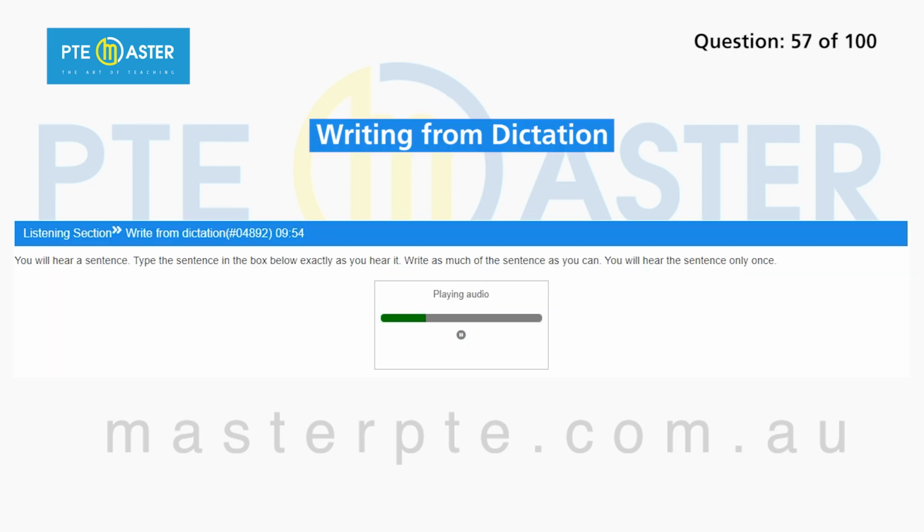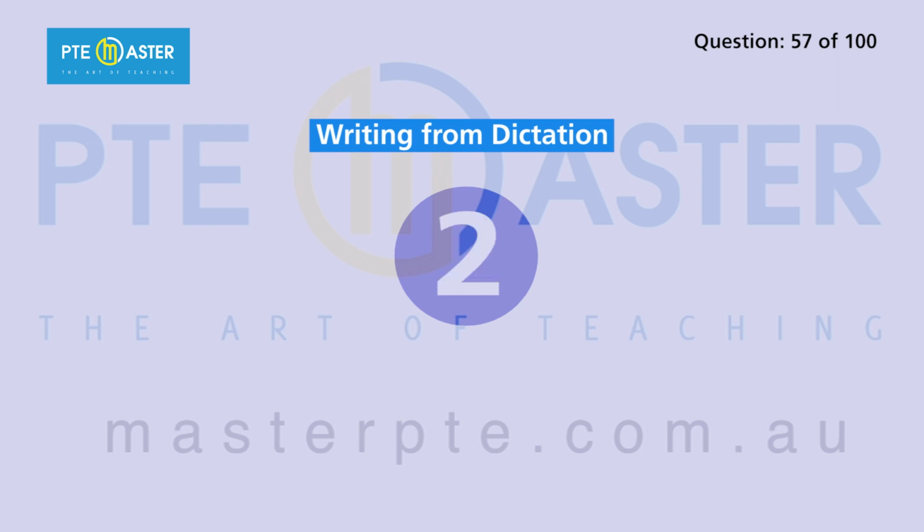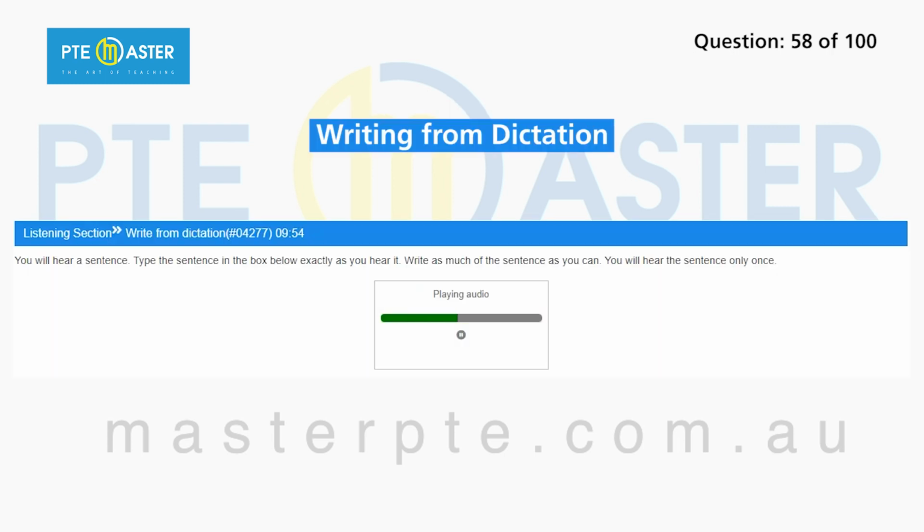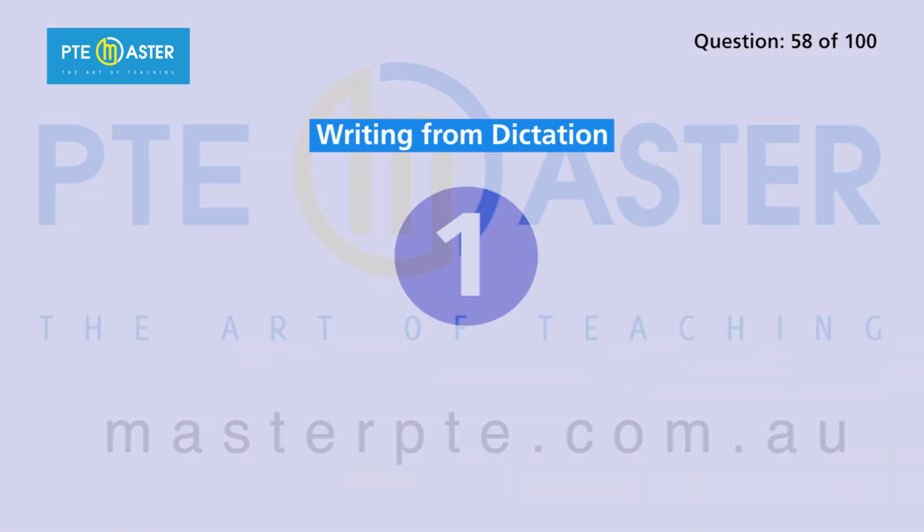The Commissioner will portion the funds to all sovereignties. You will portray your plan and sign off on your paper.